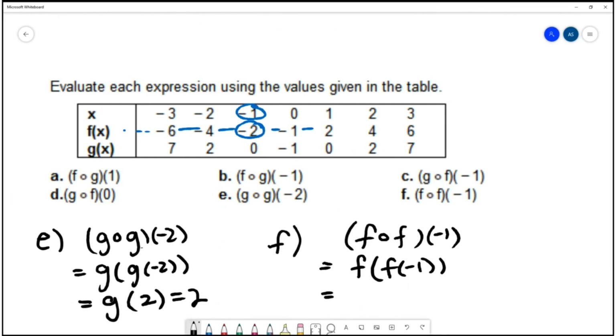So f of negative 1 is negative 2. And f of negative 2 is going to be right here, negative 4. And so we've got our answer. f composed with f of negative 1 is negative 4.